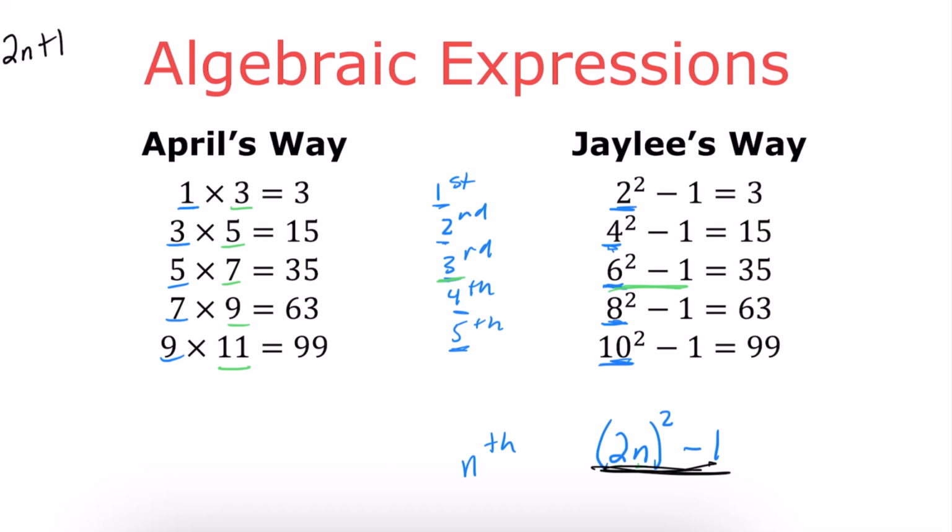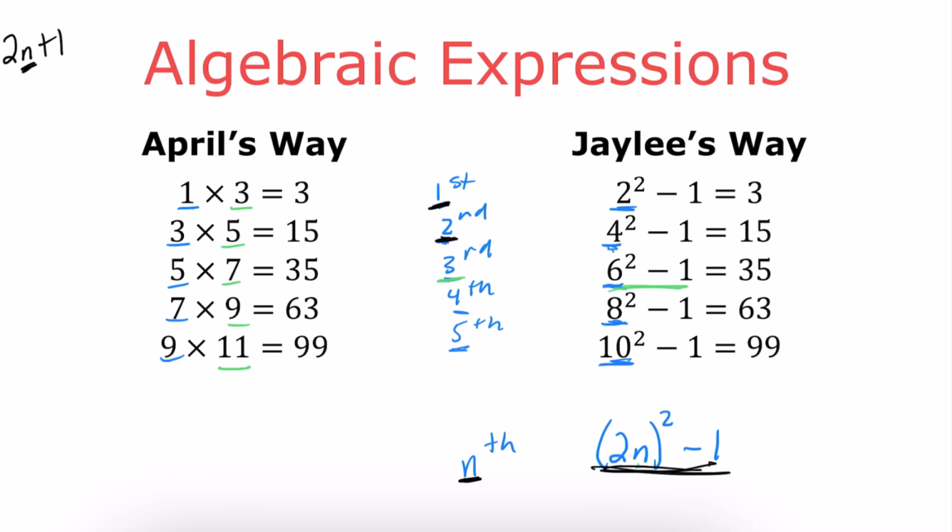Because even numbers are ones where you just double the integer, and odd numbers are where you double the integer and then also add an extra one, and that's what makes it an odd number. So if we use this n to represent this n, we could plug it in and see what number we get. If I plug in a 1 for n, 2 times 1 is 2, plus 1 would give you 3.